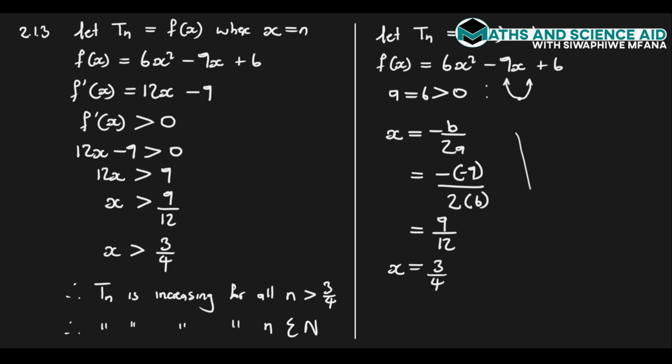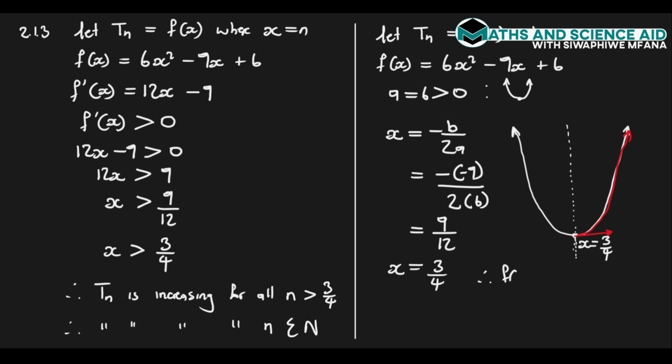If, for an example, this graph is like this, here we would have the turning point, or that would be our line of symmetry, with a value of x equal to 3 over 4. And clearly, for values of x that are greater than 3 over 4, this graph is increasing.